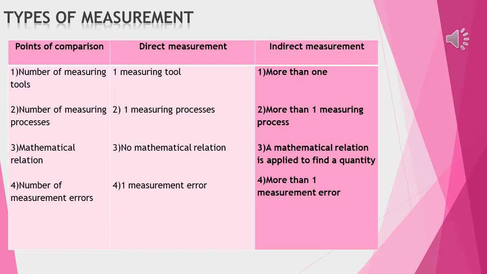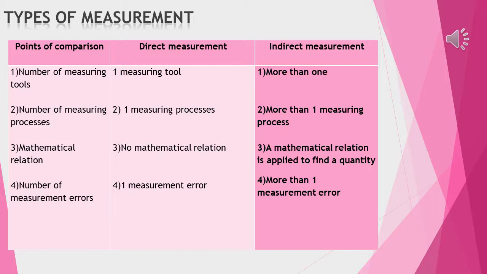Which one of them needs a mathematical relation? Direct doesn't need anything. Indirect, when I get the mass and the volume, I make the relation that density equals mass over volume, and divide mass over volume. So indirect needs a mathematical relation. Number of errors.